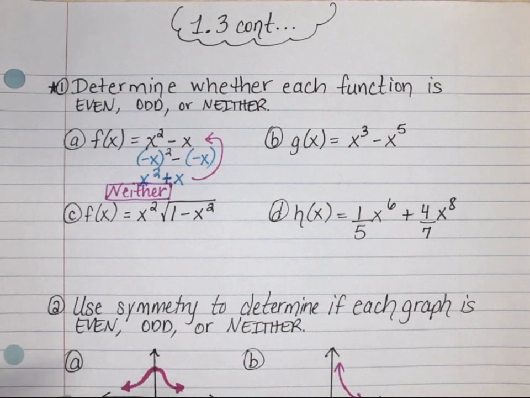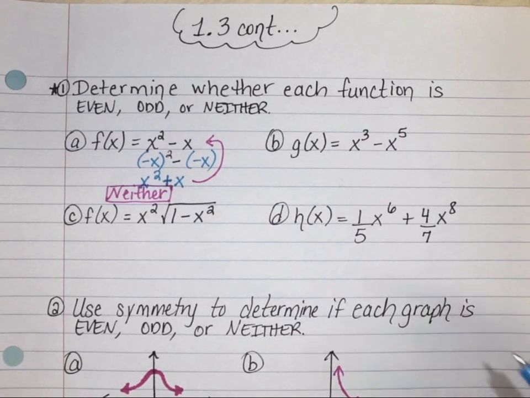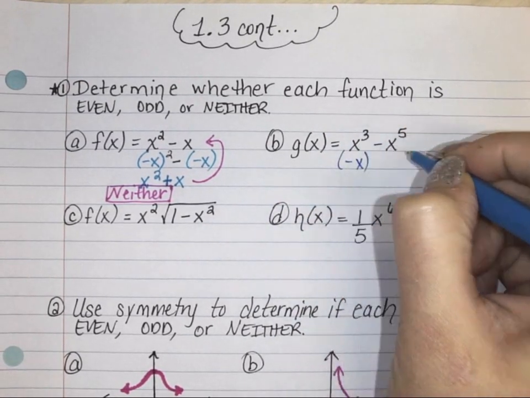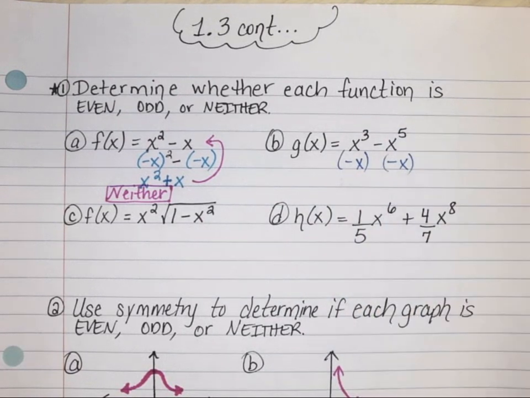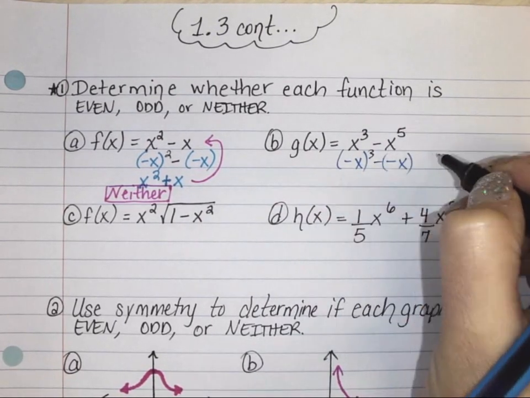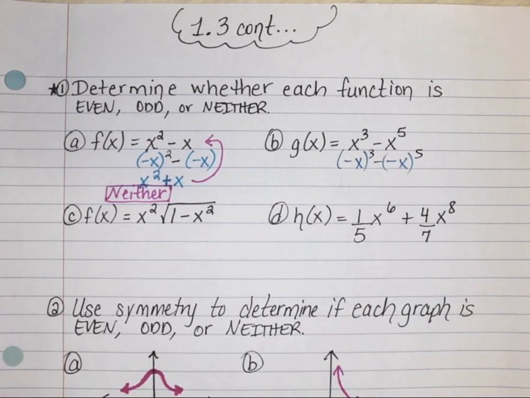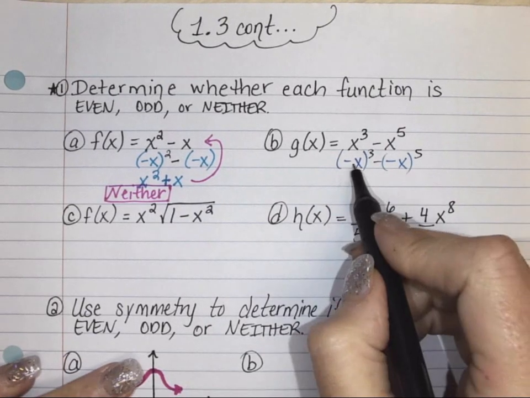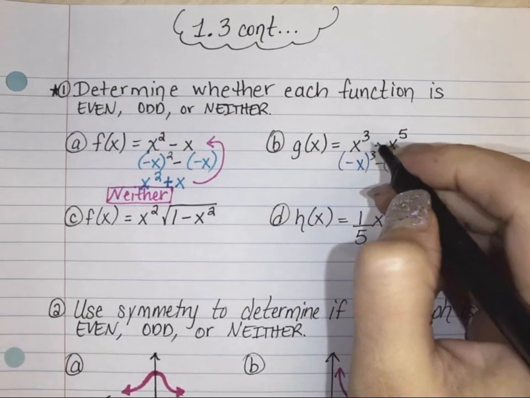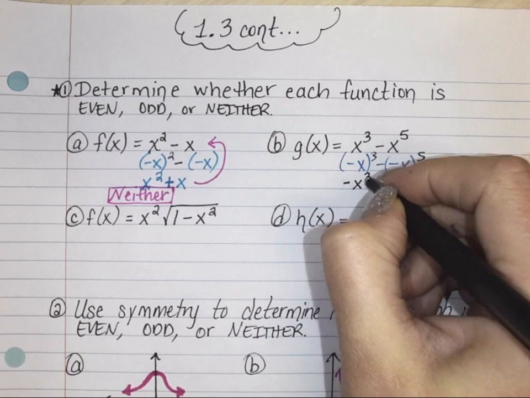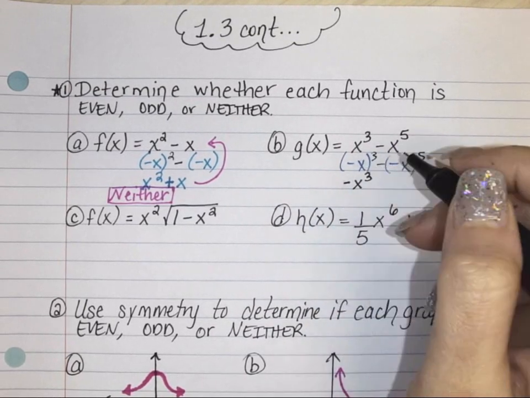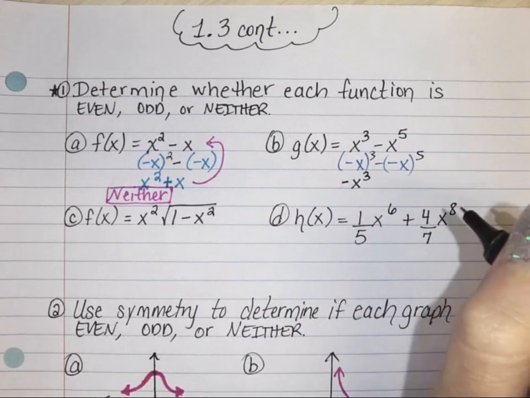In part B, and maybe some of you already know, let's plug in -x everywhere we see an x. Anytime you raise a negative to an odd power, it always stays negative. So this becomes negative x to the third.